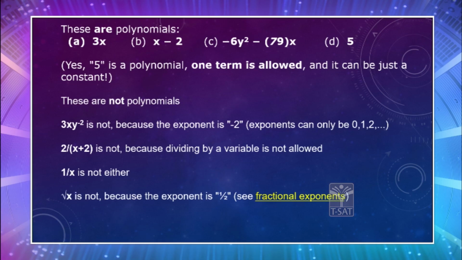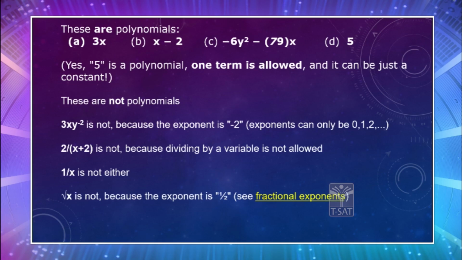Okay, let us see some more algebraic expressions, that is 3x y power minus 2. This is an algebraic expression which is not a polynomial. The reason is the exponent of y is minus 2, clear? So, 3x y power minus 2 is only an algebraic expression but not a polynomial.